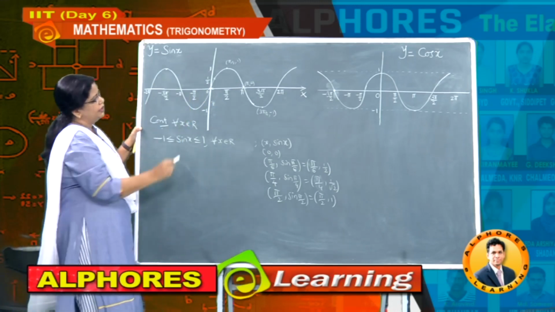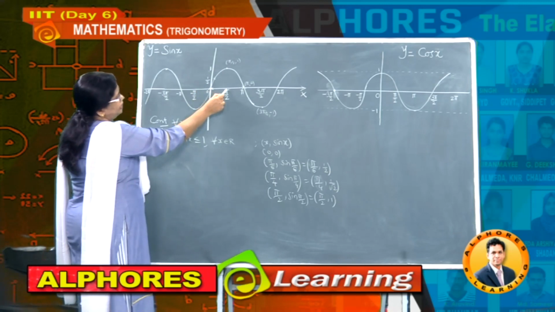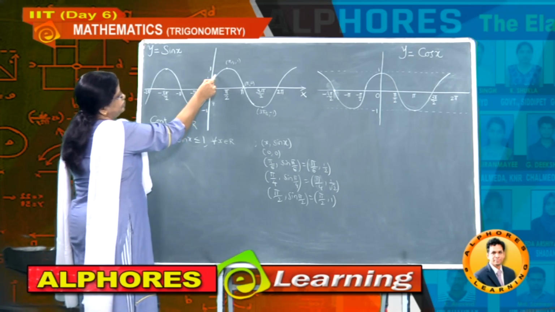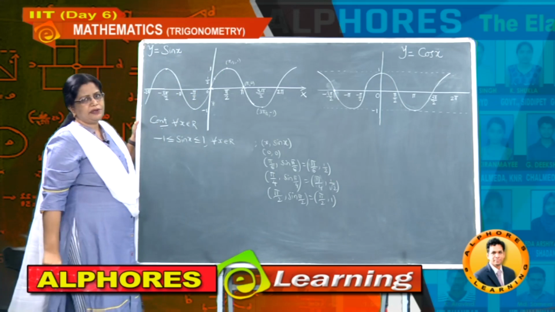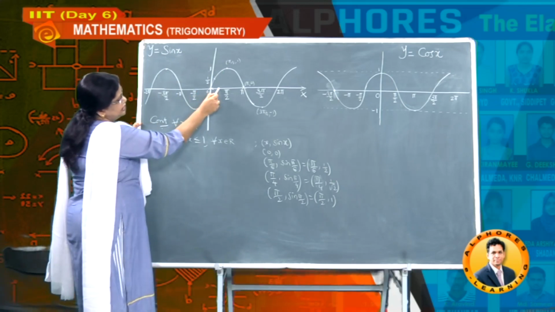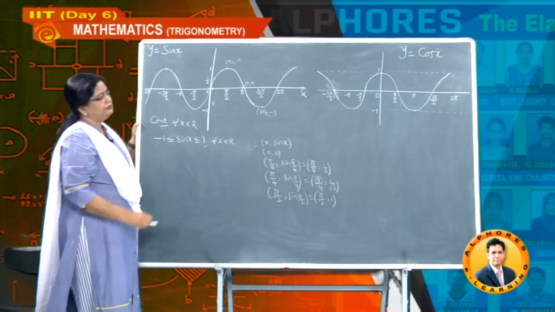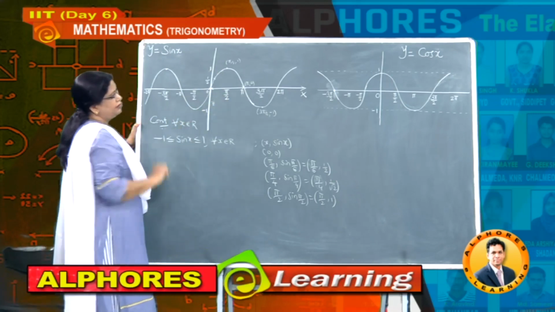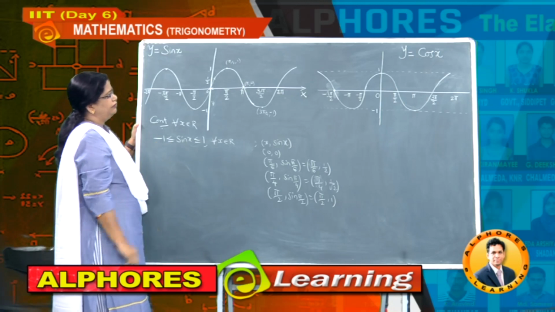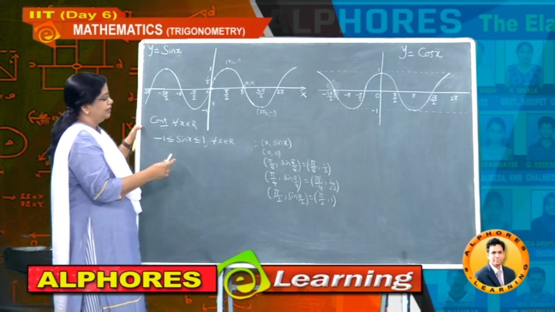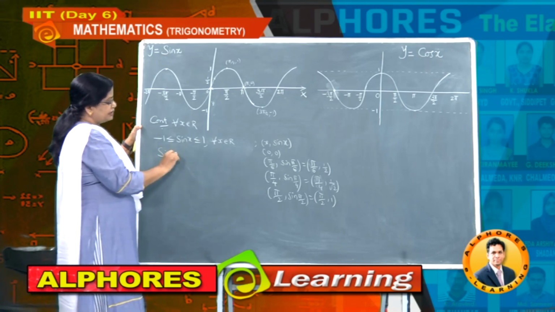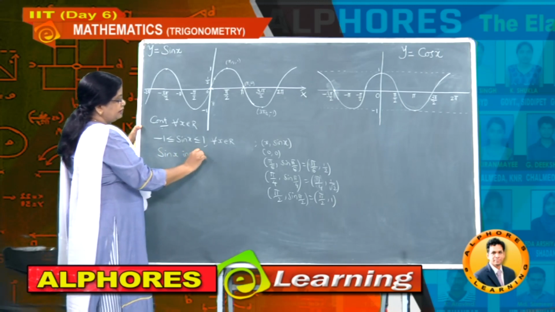Understand, students? Therefore, from 0 to pi by 2, the sine curve is known as an increasing function. As long as x is increasing, correspondingly y also increases. Therefore, for all x belongs to 0 to pi by 2, the new name we are calling is: sin x is increasing.